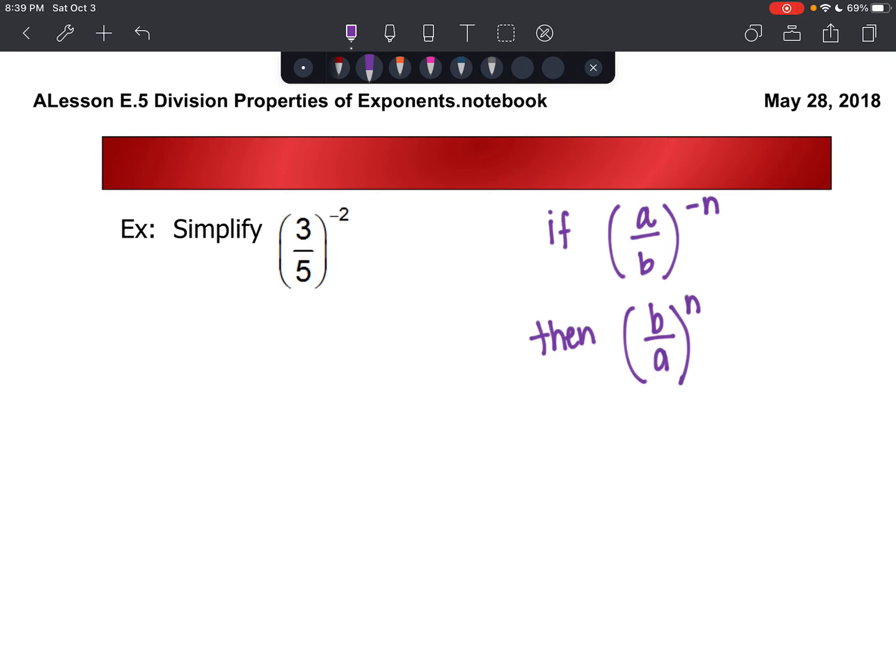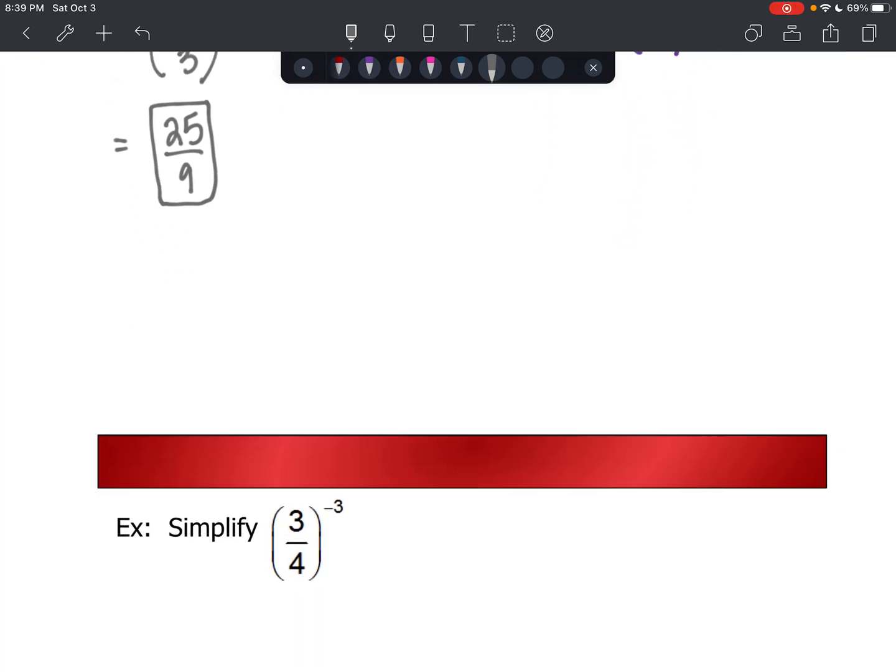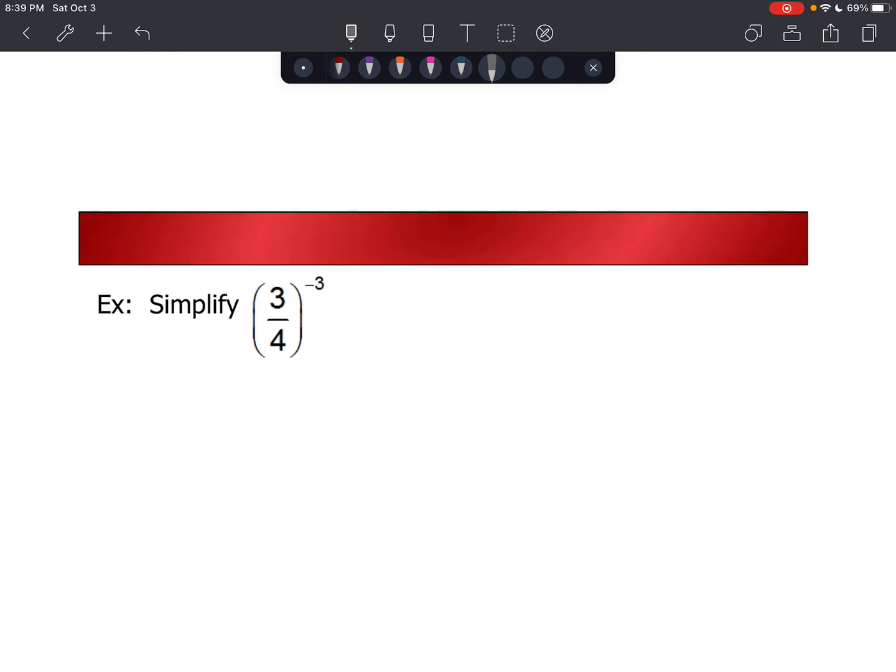Okay, so 3 over 5 raised to the negative 2 power is equal to 5 over 3 raised to the 2nd power. And 5 over 3 raised to the 2nd power is 25 over 9. Okay, time for you to try 3/4 raised to the negative 3 power.